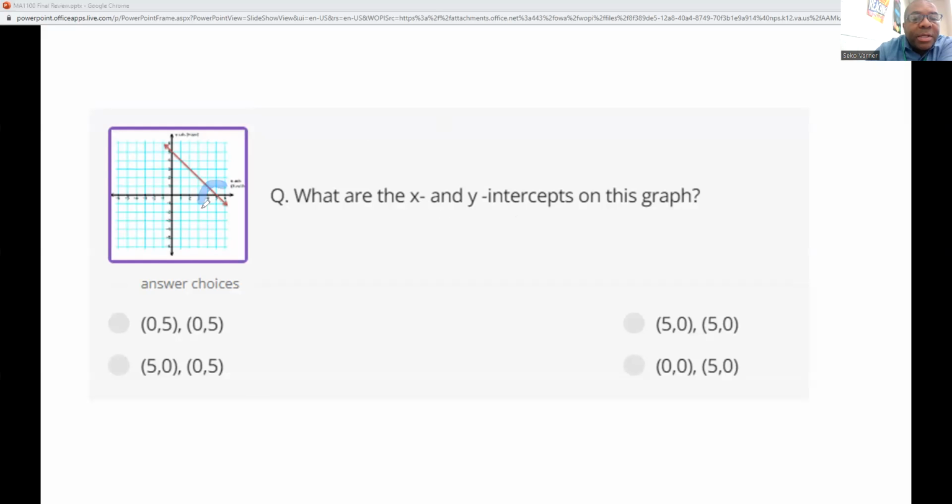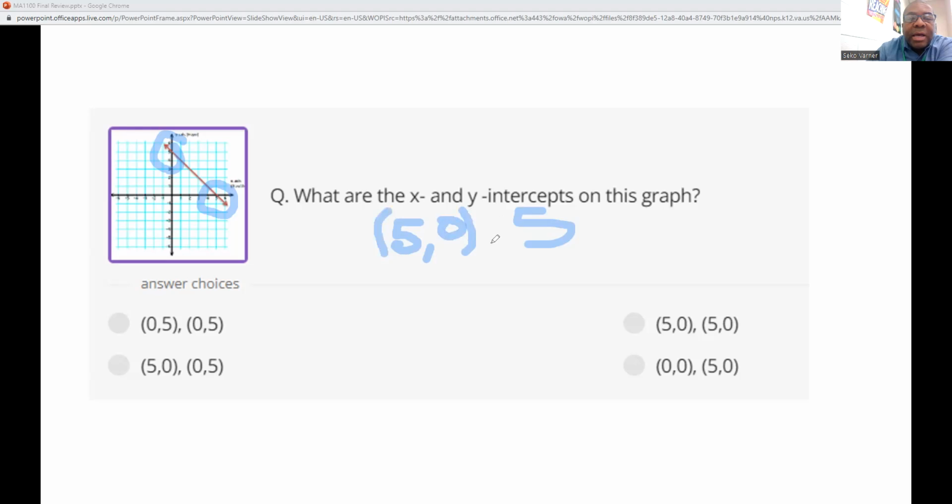The x-intercept is here. So the x-intercept looks to be 5. And the y-intercept is here. That's 1, 2, 3, 4, 5. That's 5 too. So the x-intercept is going to be 5, 0.